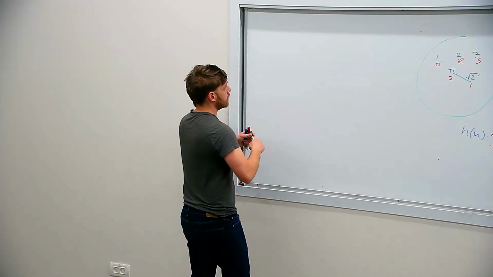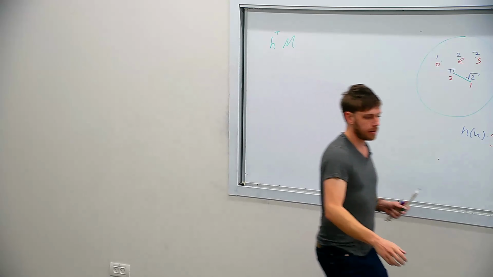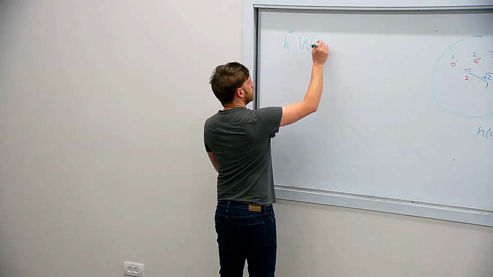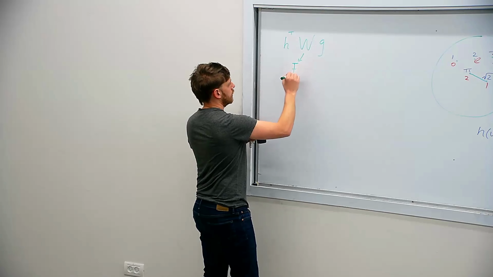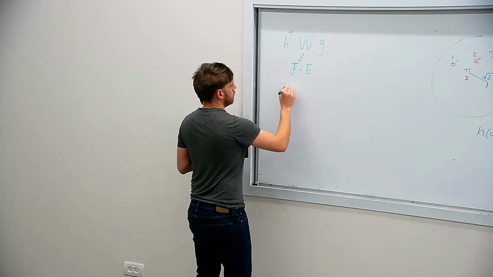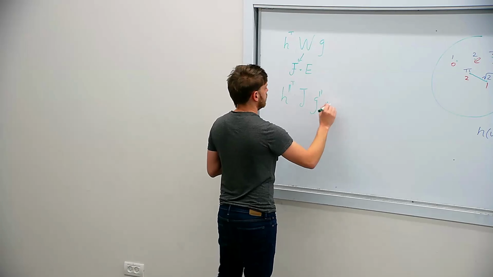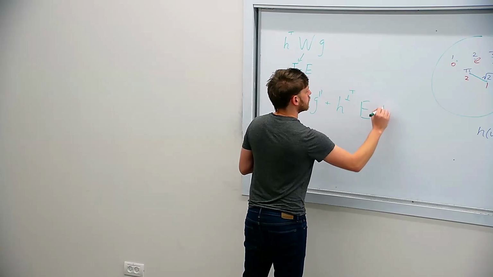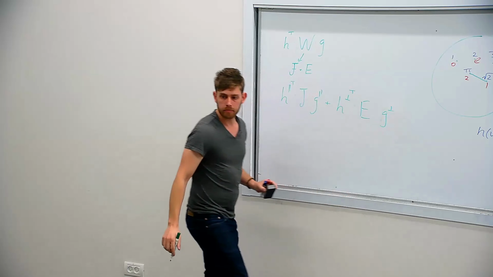So we write it as H transpose times M times G. We write M as J plus E, so it's H parallel transposed times J times G parallel plus H perpendicular transposed times E times G perpendicular.